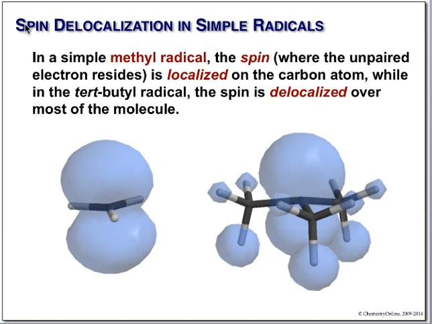When we have lots of groups attached, the electron is actually delocalized. It's not just on the carbon, but it also appears out here on all of these hydrogens and in some calculations on these carbons as well. So it's delocalized.